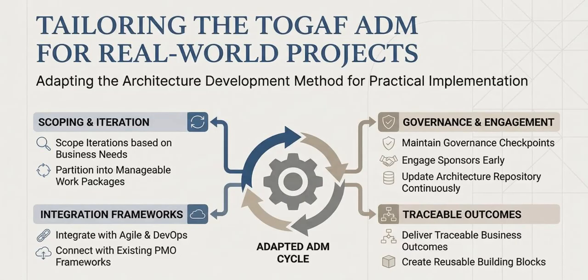And if it is a scoping point of view, the governance engagement and traceability outcome solution, ADM cycles, you need to understand the agile and how you are going to apply it with each ADM phase, how you are going to practice that.